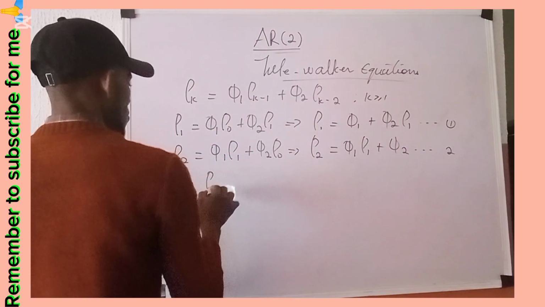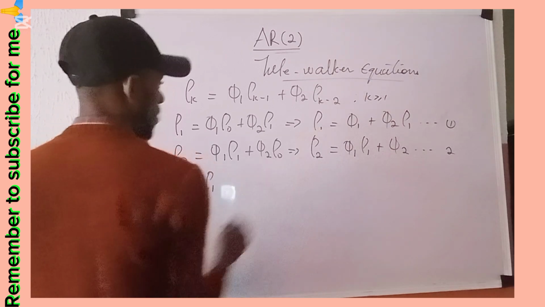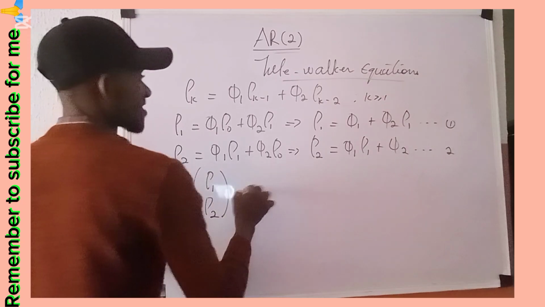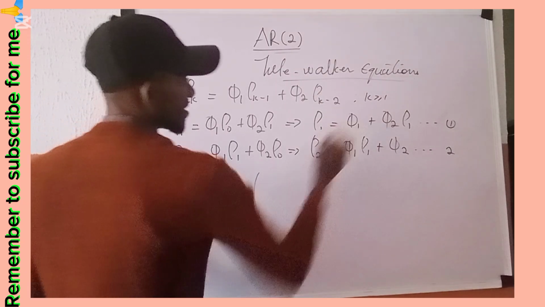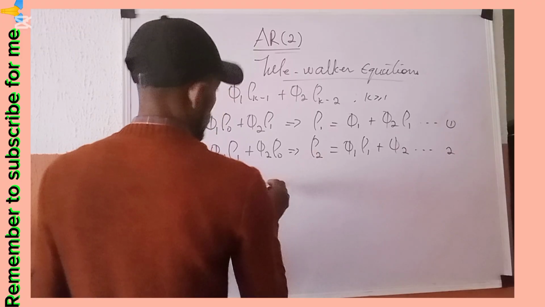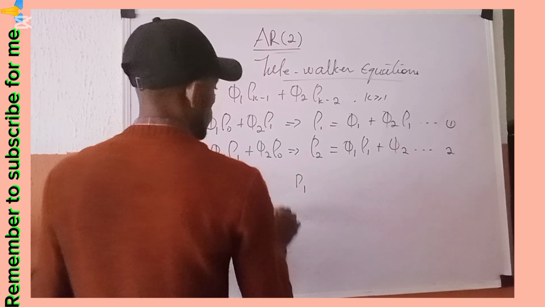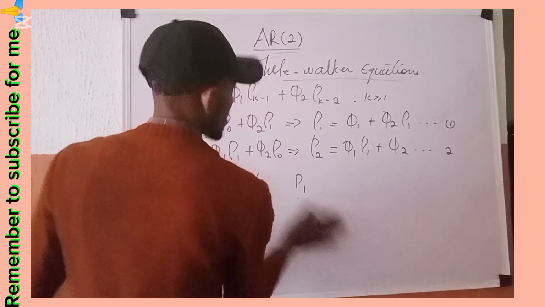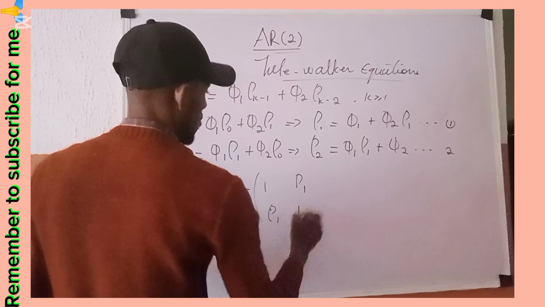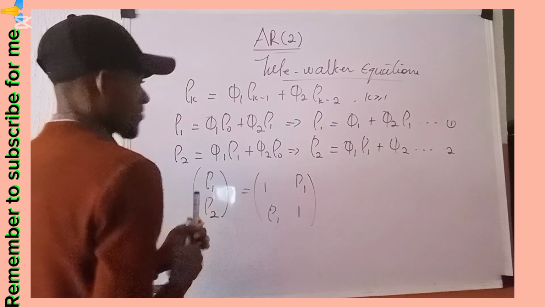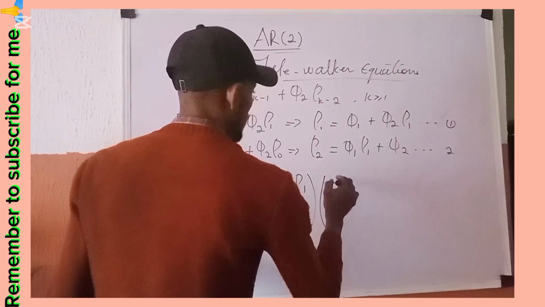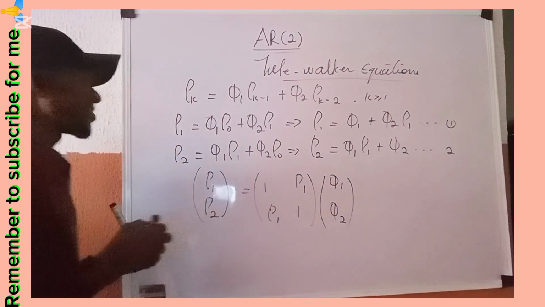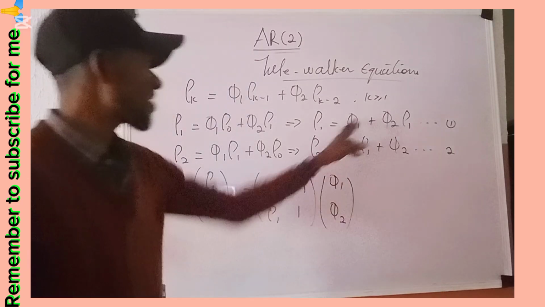You have your rho 1, then rho 2, given as, you open a bracket, 1, rho 1, rho 1, and 1. You close the bracket, then you have phi 1 and phi 2. You close it. Then we check whether if we open this, we can get this.